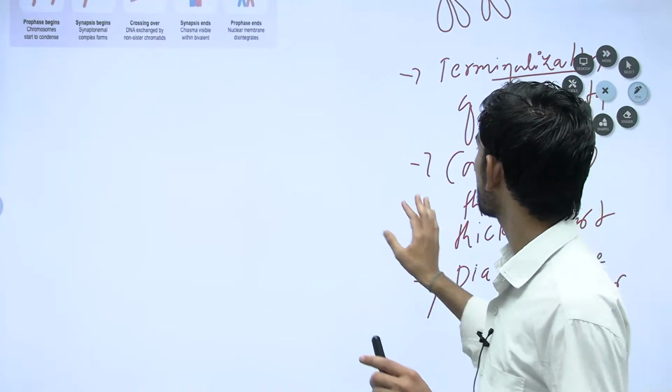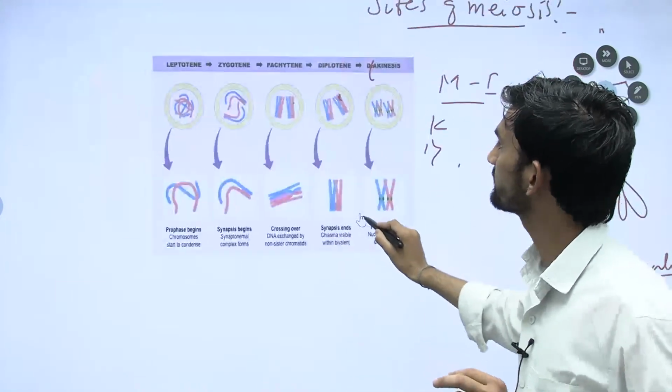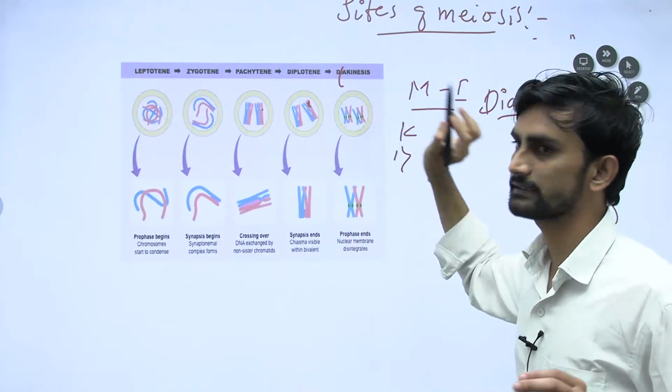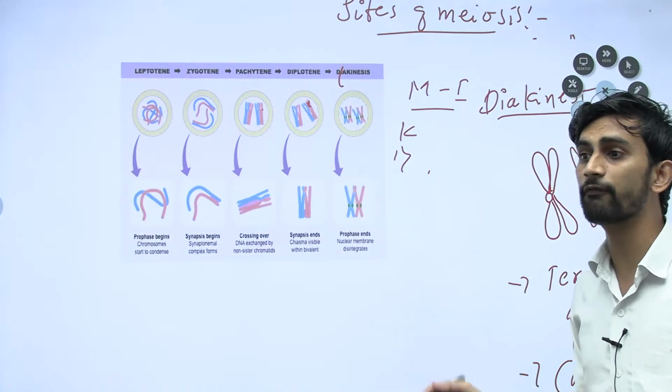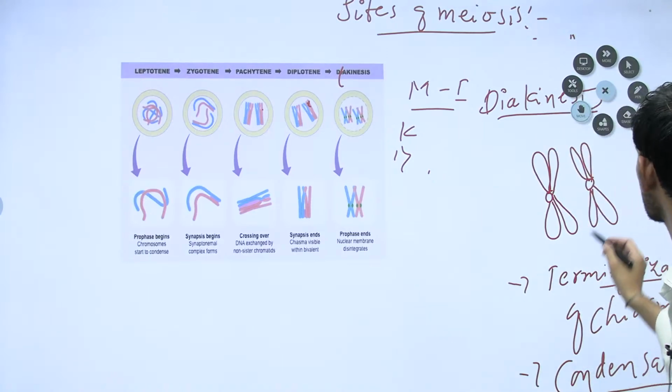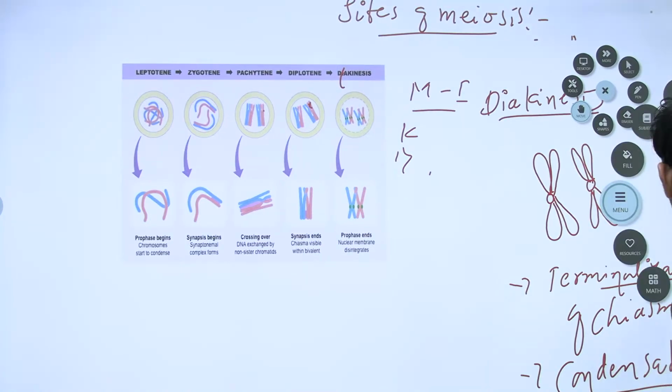In the diagram also I've already shown this. So this is the end of the diakinesis process. The end of diakinesis is nothing but the end of prophase 1 of meiotic cell division. After that, we will move directly towards the next stage, metaphase 1. What's happening in metaphase 1?